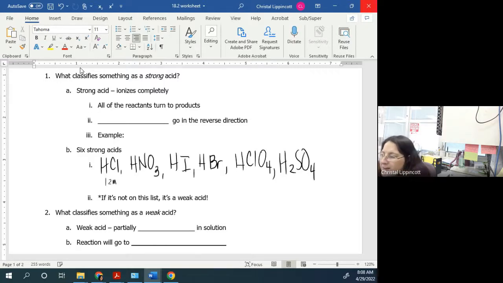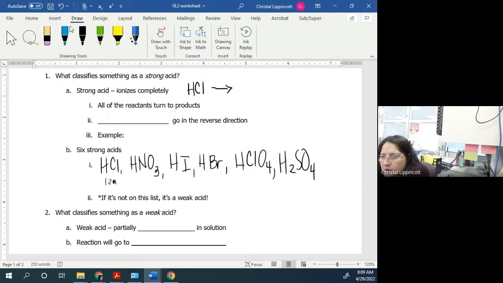So what makes it strong versus weak? A strong acid, I'm going to use this guy as an example, is one that when we put it in water, it's going to completely break apart into the hydrogen.